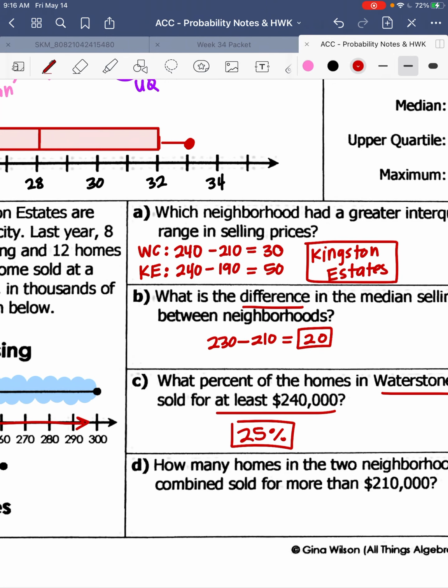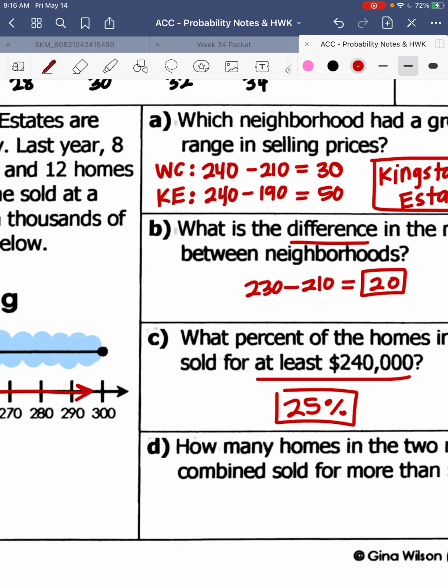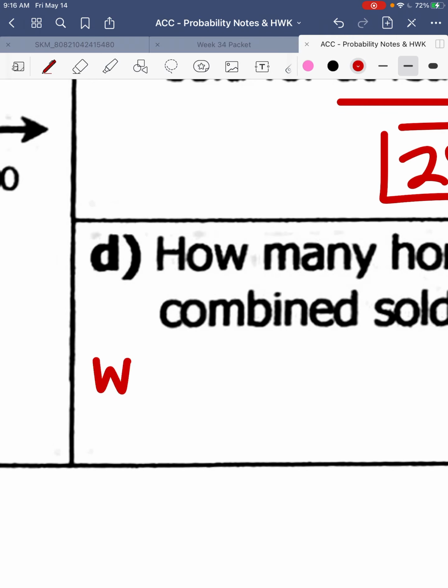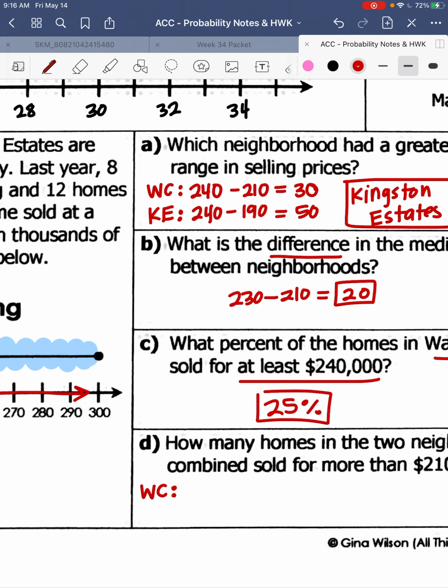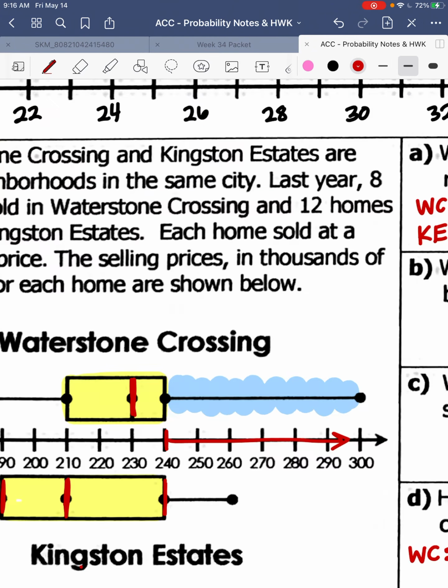Okay, last one. How many homes in the two neighborhoods combined sold for more than $210,000? Okay, so how many homes in the two neighborhoods combined? So let's start with Waterstone Crossing. That's the graph on the top. And I'm looking at homes that sold for more than $210,000.